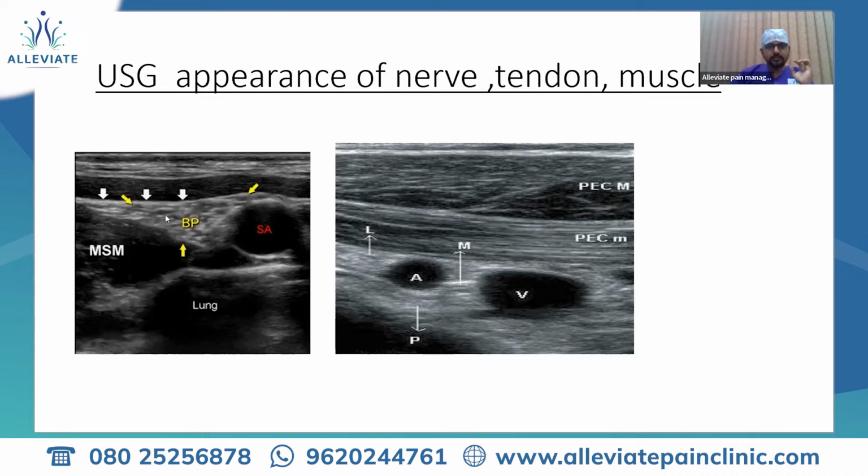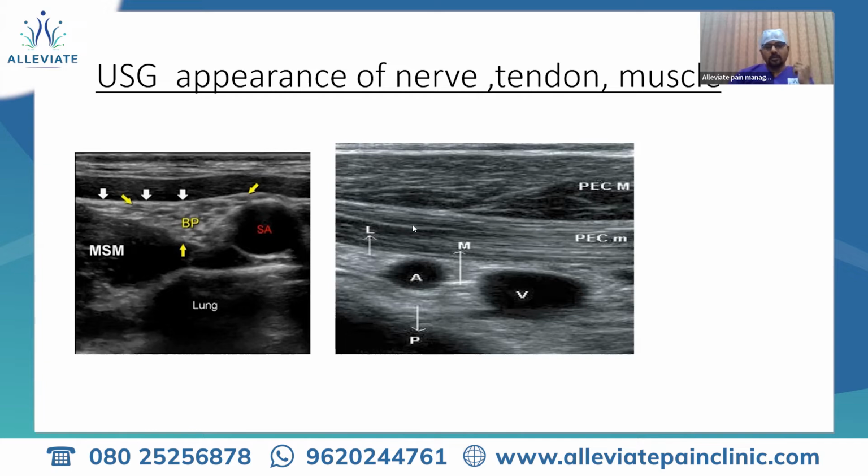This is the normal fascicular pattern of the nerves which are seen distally. As we move from the center to the periphery, the fascicular nature of the nerves is seen better because there is more connective tissue within these peripheral nerves. That gives them this nice hyperechoic fascicular pattern.